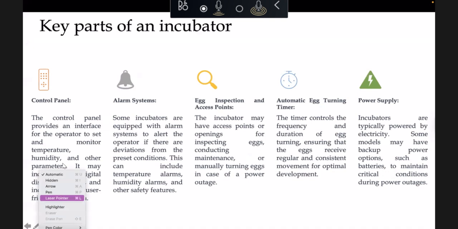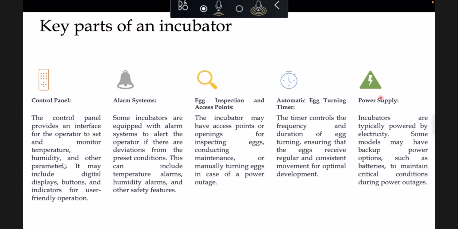The eggs are turned every hour in automatic incubators, but for a manual system, maybe three, no, three is less, maybe 5 times a day. In a manual system, turning about 5 times is fine, but it is better to turn a lot. That is why in automatic systems turning happens every 45 minutes or every 1 hour. So this is automated and there are automatic egg turning timers. When the timer clicks after every 1 hour, the turning takes place automatically.